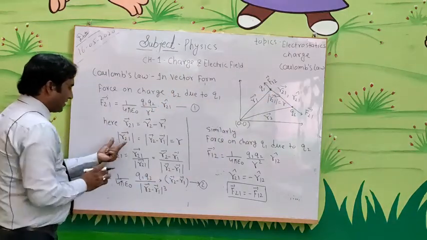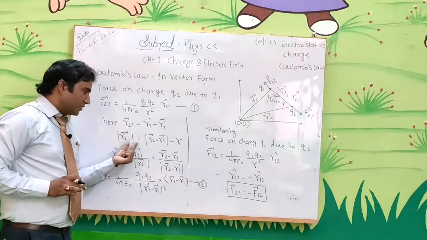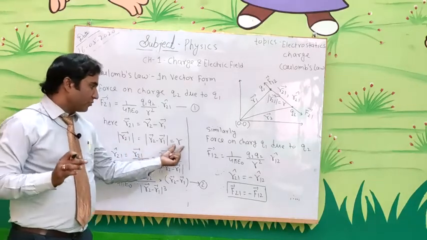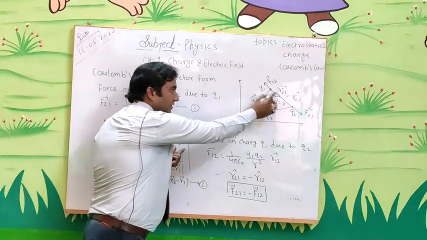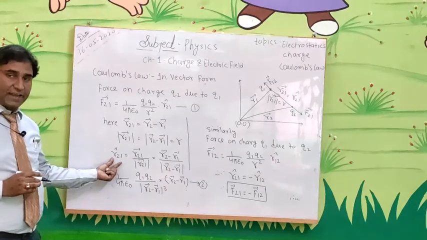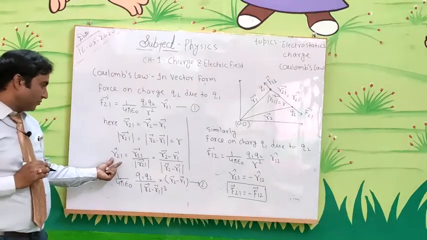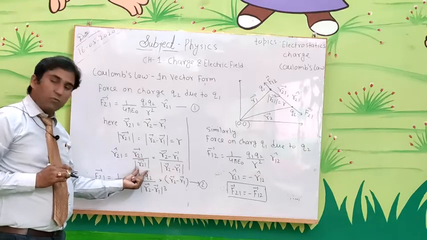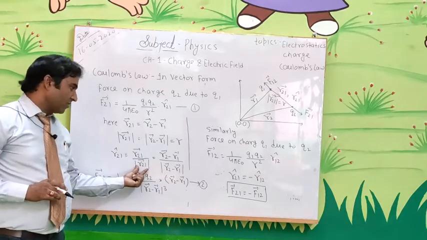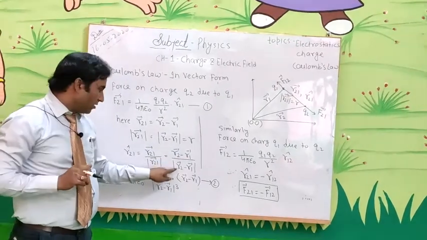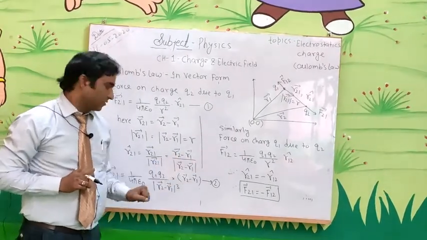Now the magnitude of R21 is equal to mod of R2 minus R1, which is equal to the distance between these two charges, that is R. Now R21 cap is the unit vector. So the unit vector is equal to the vector R21 upon mod of R21, which can be written as R2 minus R1 upon mod R2 minus R1.